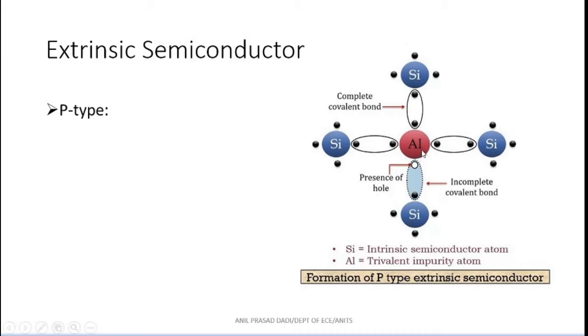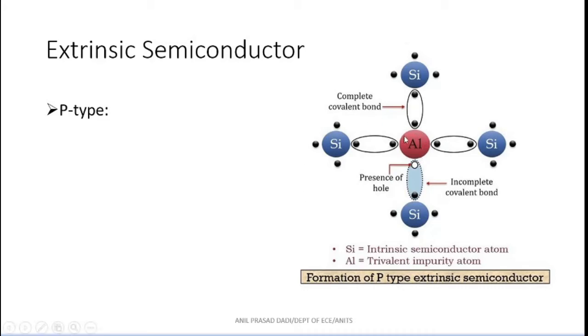How I can replace the silicon with aluminum due to this doping process, you will learn at your PG level. But here we understand that due to the doping process, we are able to replace silicon with aluminum. Let us start with adding only one aluminum atom.